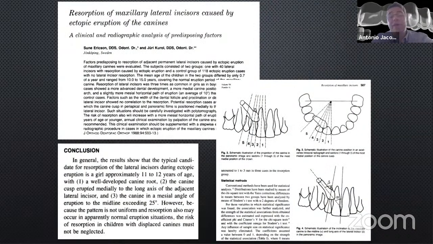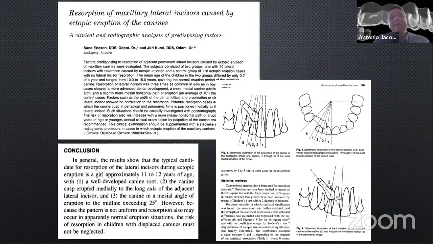Another thing that is very common is the canine resorbing the roots of the incisor. There are some situations where this happens, and I will show you here two interesting cases. In the first one, we didn't have skeletal anchorage at that time, so I had to use a lot of difficult mechanics.